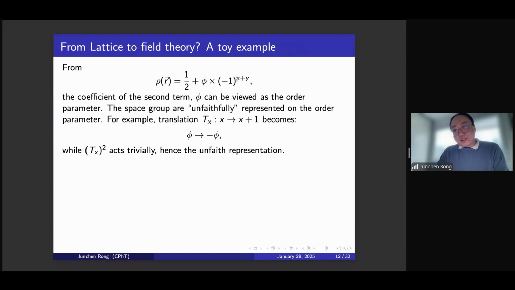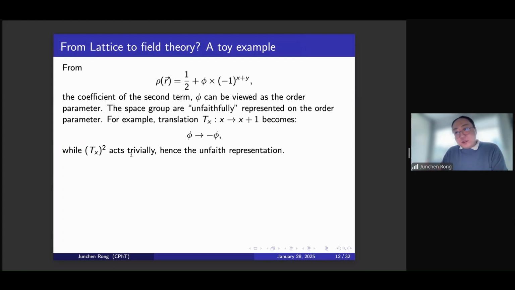This order parameter changes sign as I do an x direction translation. On the other hand, translation by two sites is not changing anything. It acts trivially on our order parameter. This is why we say it's an unfaithful representation, okay?